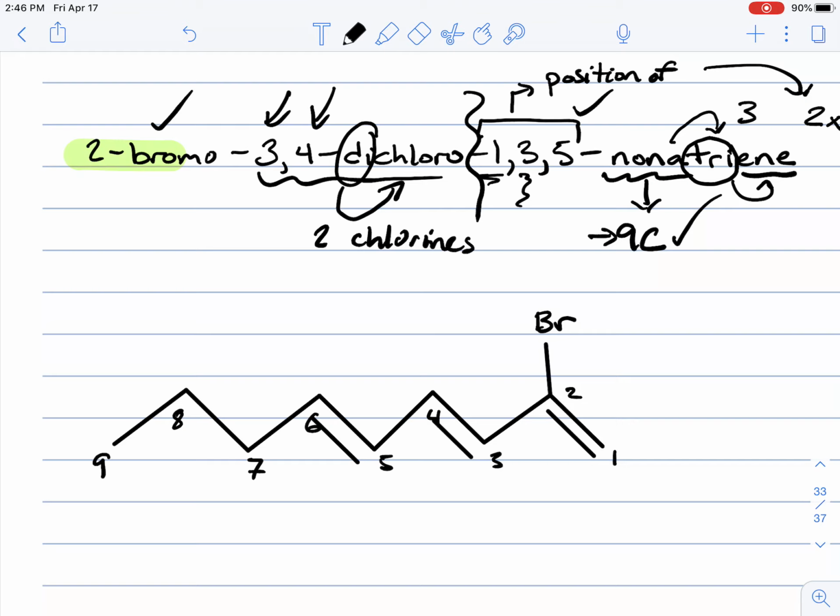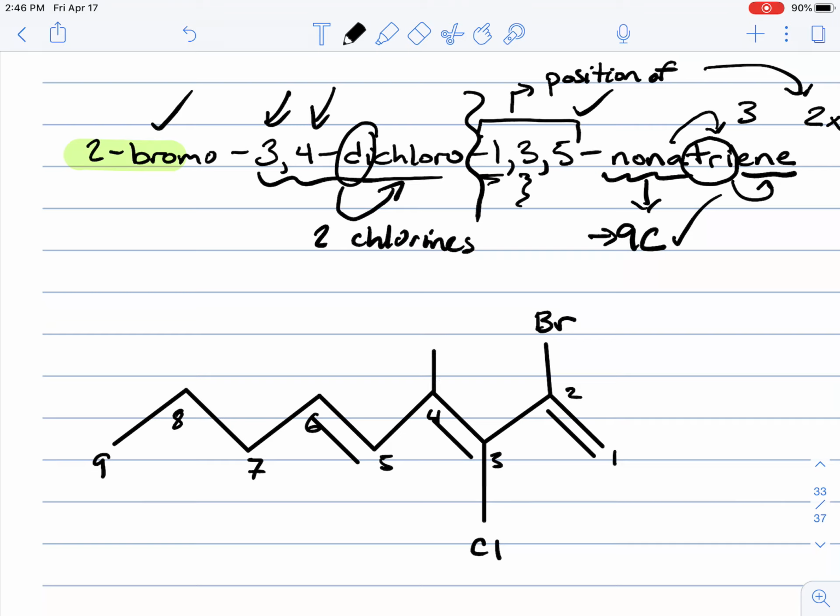And so on carbon 3, I'm going to go ahead and place a chlorine. Okay. So if you look, I have 1, 2, 3, 4 bonds on the 3rd carbon. So I didn't really break my octet rule. I'm just at the octet. And same thing for 4.